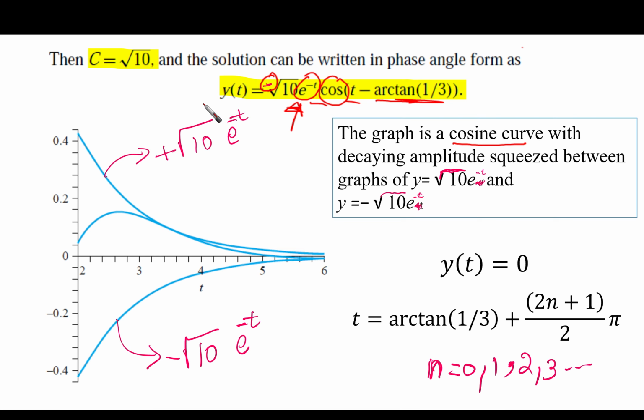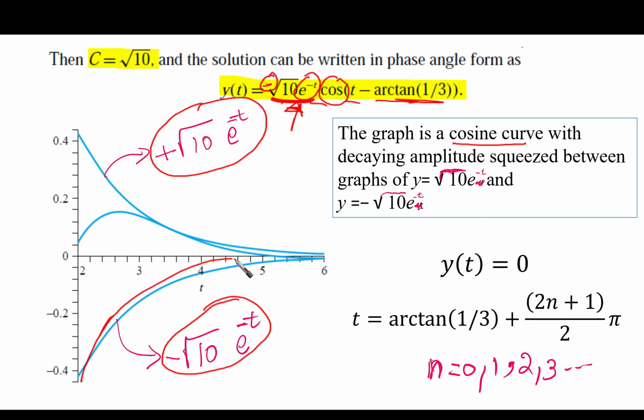The first envelope is plus the square root of 10 e to minus t, which is the multiplication term here, the exponential term here. And we have another envelope, which is the bottom envelope here. That's the case. Okay.